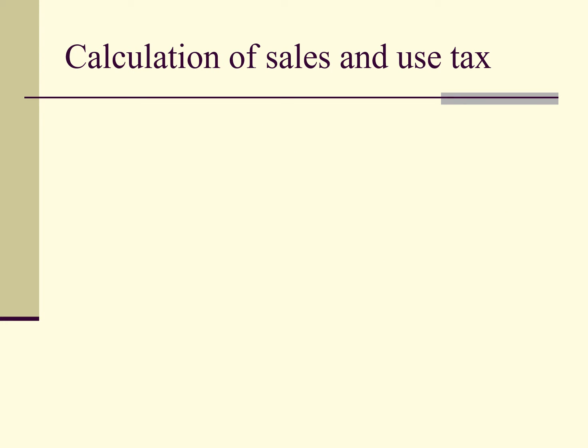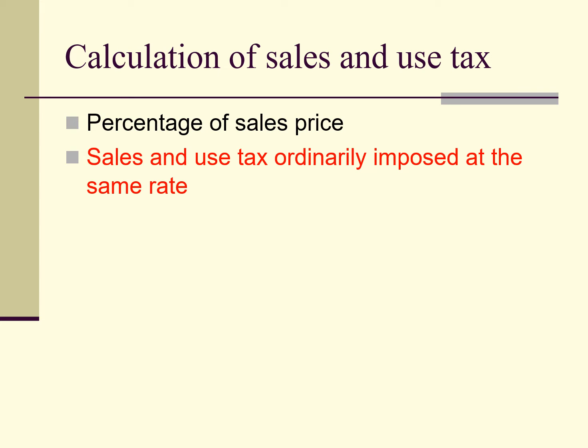Let's look at how sales and use tax is calculated. In general, both sales and use tax are calculated as a percentage of the sales price of a taxable product or service. In general, the sales tax is imposed at the same rate as the use tax.